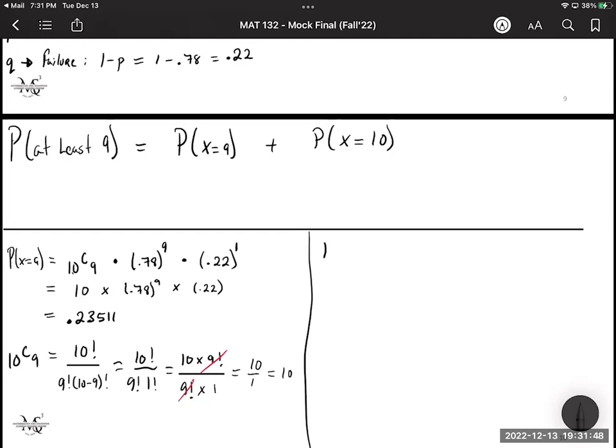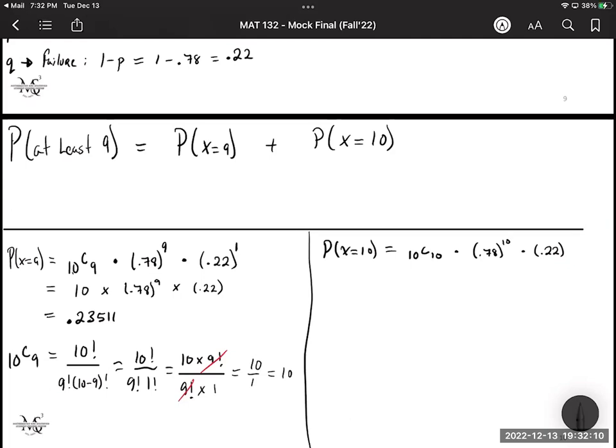So if you have the probability that x is equal to 10, you just got to insert these things back into the formula. Okay, so this is going to be 10 choose 10 times 0.78 to the 10th power times 0.22. Well, remember, you have to subtract n minus x to get your exponent.